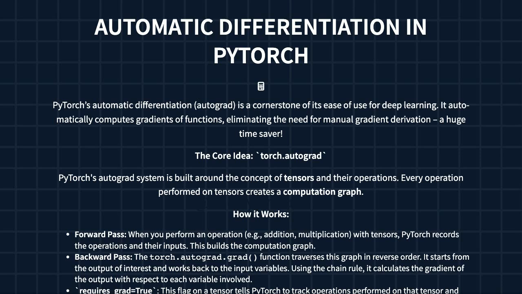You enable this feature by setting requires_grad=True on the tensors you want to differentiate. The system uses forward passes to build up that graph and then backward passes, using the chain rule to efficiently calculate those gradients. The core functions are torch.autograd.Function, which defines how a function works, and torch.autograd.grad, which is the tool you use to actually get those gradient values.